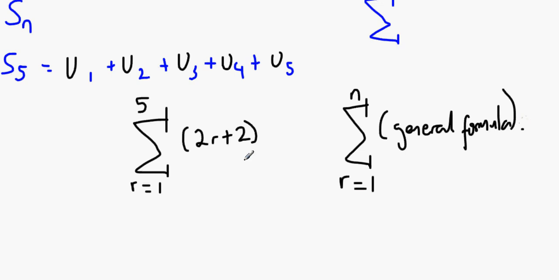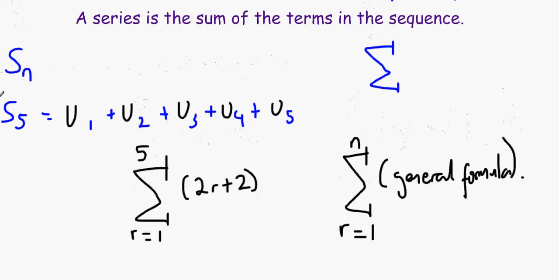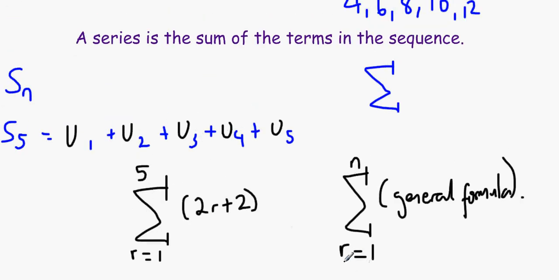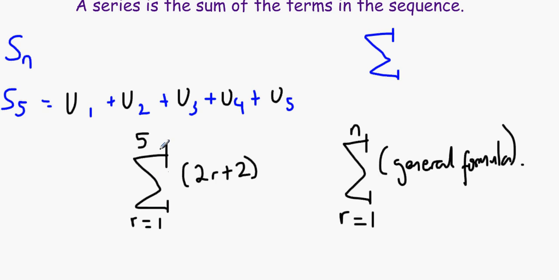So let's go through it. You saw an r here. This r is not anything different. It's just another way of writing n. So what we are saying is the total sum of the terms from the first term to the last term is this, substituting into this formula.